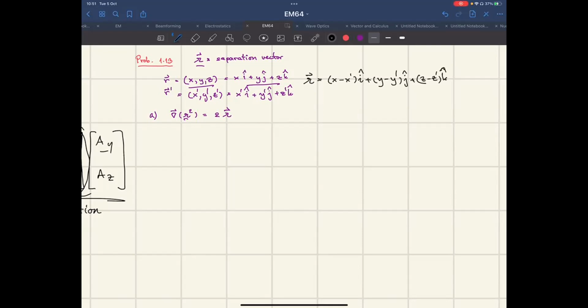Is that okay? Anyone understand, right? And its magnitude is equal to x minus x prime square plus y minus y prime square plus z minus z prime square, and the whole thing to the power 1/2.